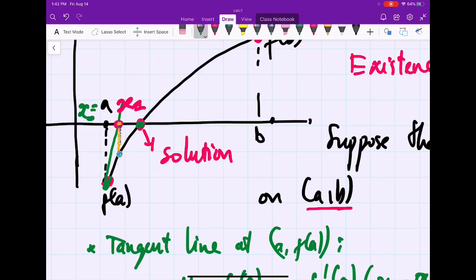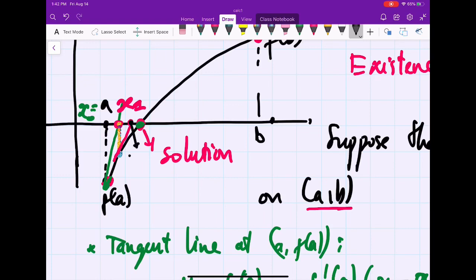It is right here. From here, I will do almost the same thing. I'll make a tangent line to the graph of the function, and this tangent line again intersects with the x-axis at some point. Let's say this is x2.